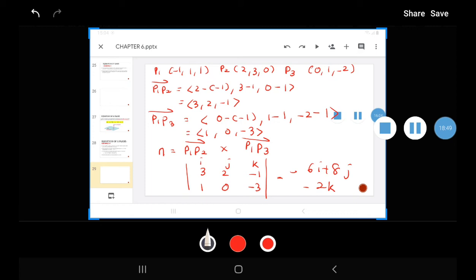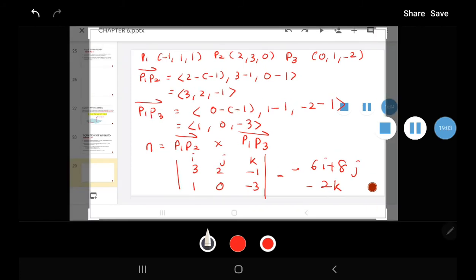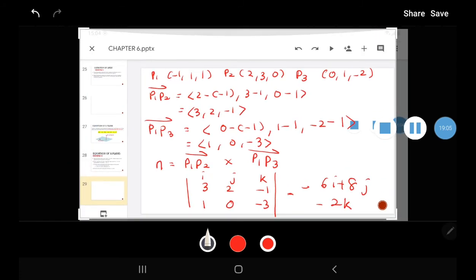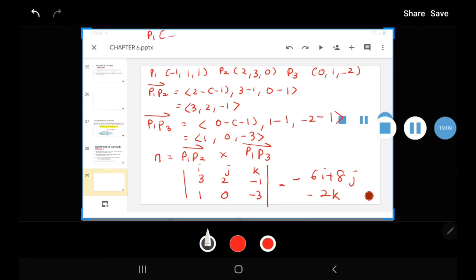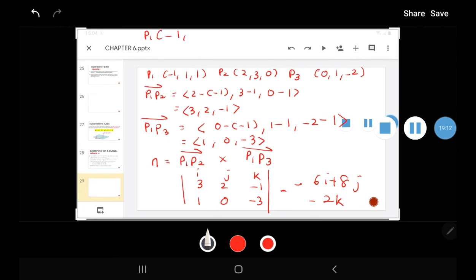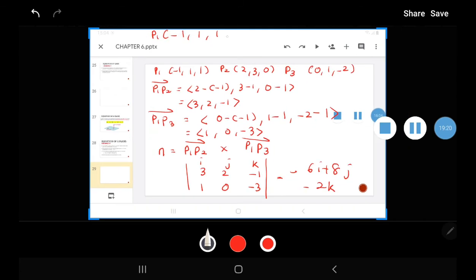So next step is, we let point number 1, I choose point number 1, to find the line of equation. Remember how to do it?